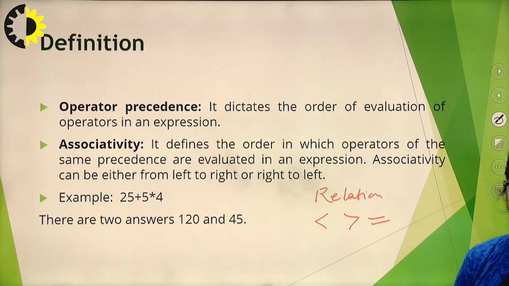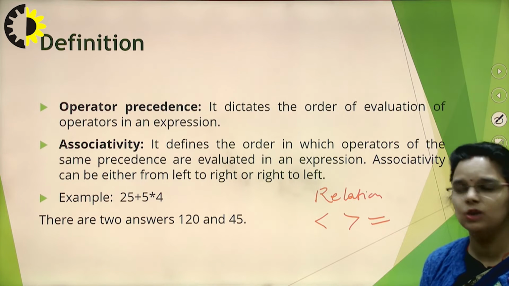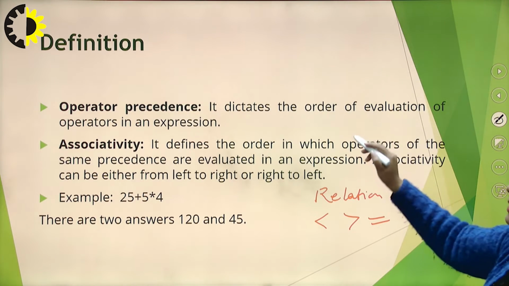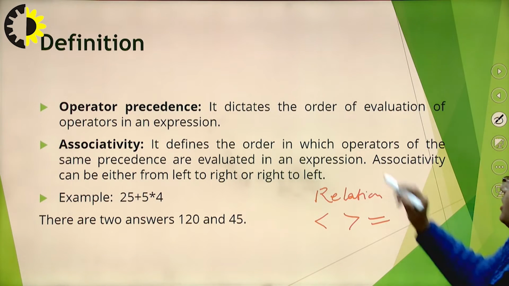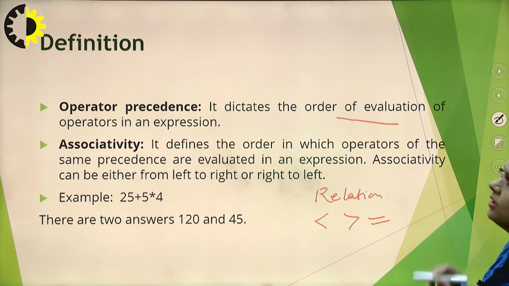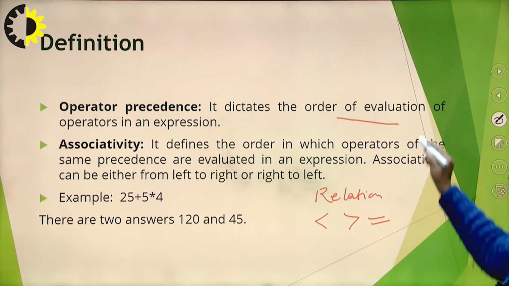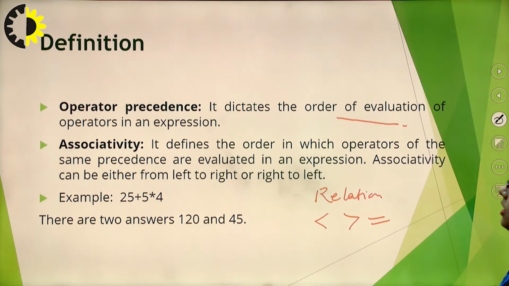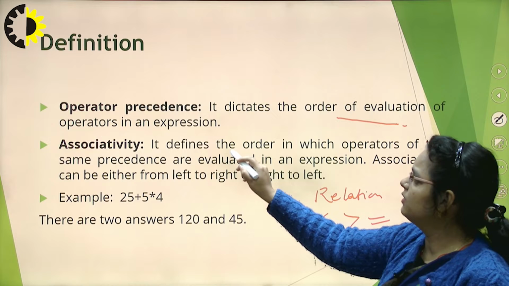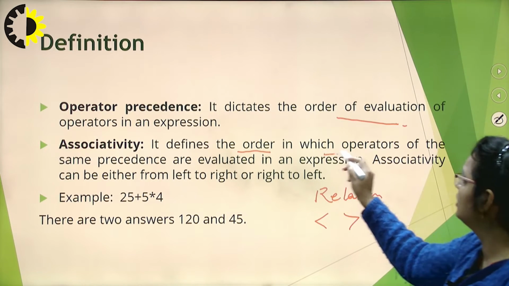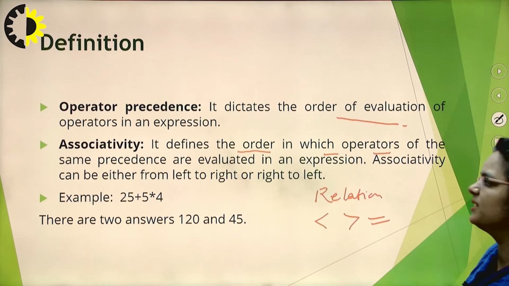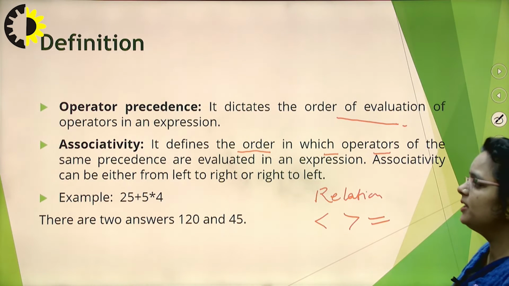It dictates the order of evaluation of operators in an expression. And what does associativity mean? It defines the order in which operators of the same precedence are evaluated in an expression. Associativity can either be from left to right or right to left.